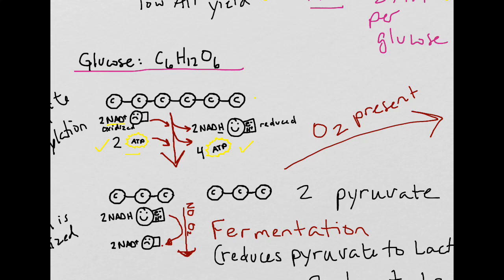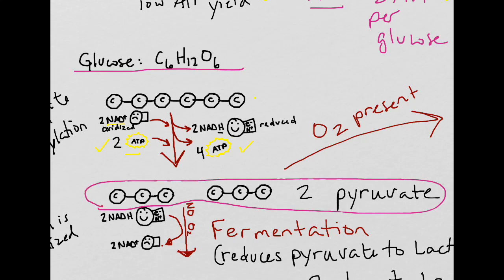Okay. So from glycolysis, after we have harvested the ATP and we have reduced our electron carriers, so now they're carrying electrons, we end up with 2 molecules of pyruvate. 2 molecules of pyruvate. So these guys right here.